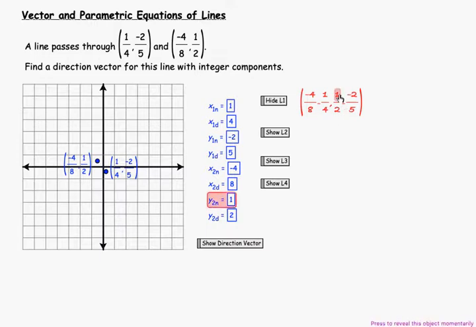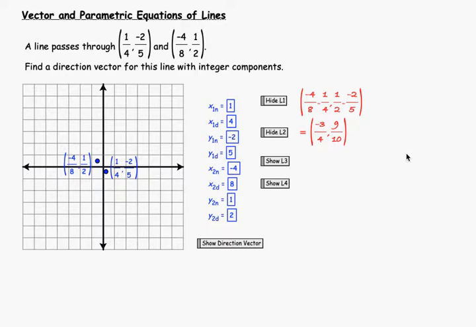We're going to need tenths here, so this is 5/10 plus 4/10. That gives me 9/10. So we have a direction vector, but the problem with it is that it is not in integer form. That is to say, it doesn't have integer components.